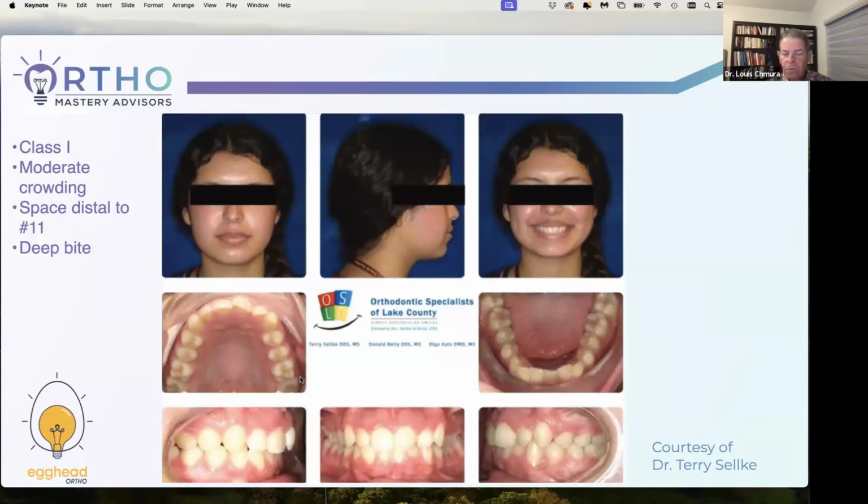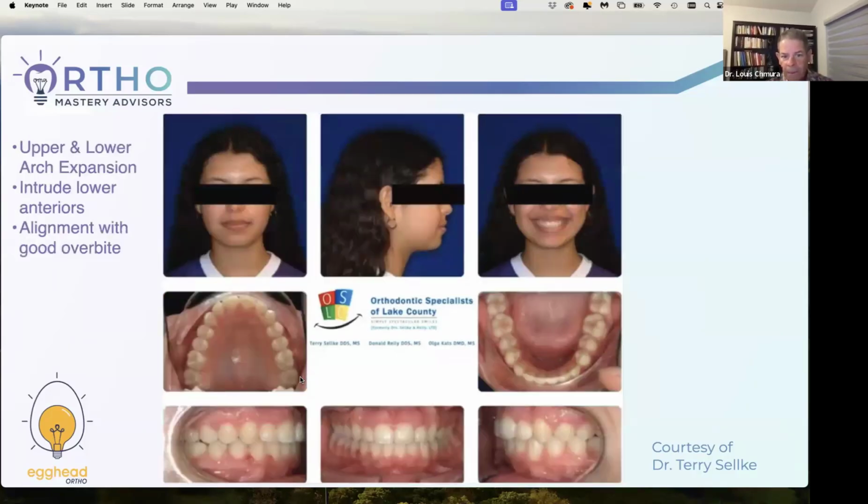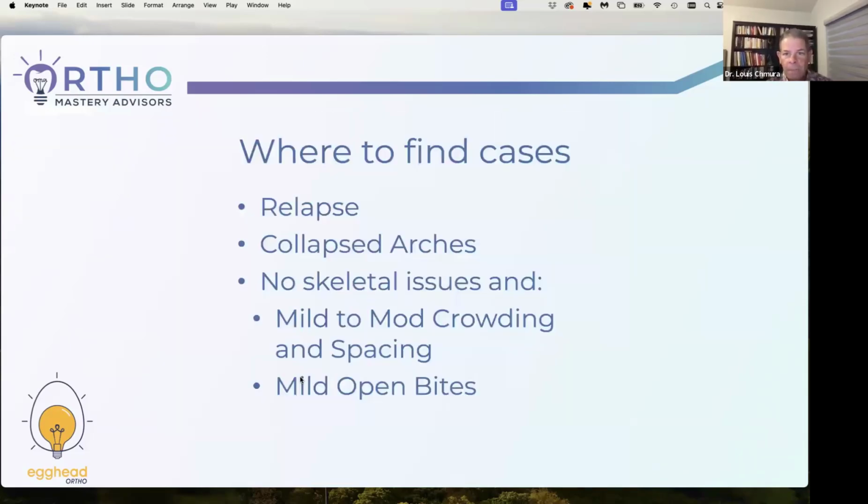Plus, you're going to intrude those lowers just a little bit. You're going to get a little space there. You may have to do some IPR, right? But it's relatively straightforward. And it's a beautiful result, incredible result, right? Aesthetically and bite-wise, unbelievable. So here she is in a short period of time. That's the sort of thing that's pretty easy to do.